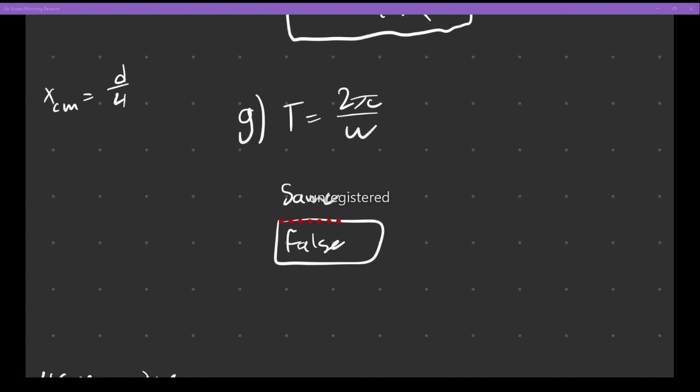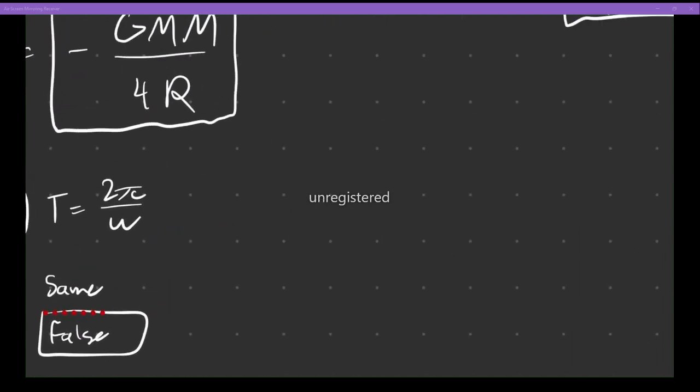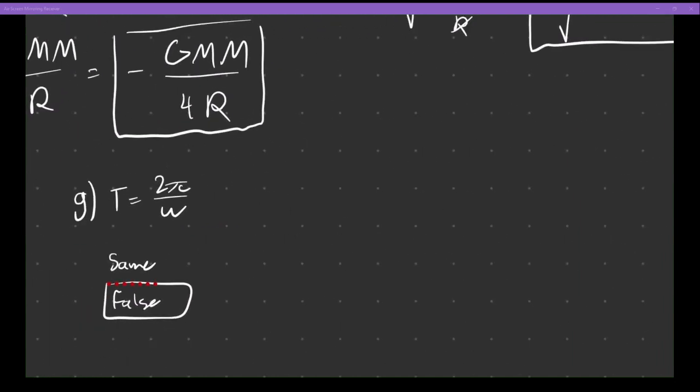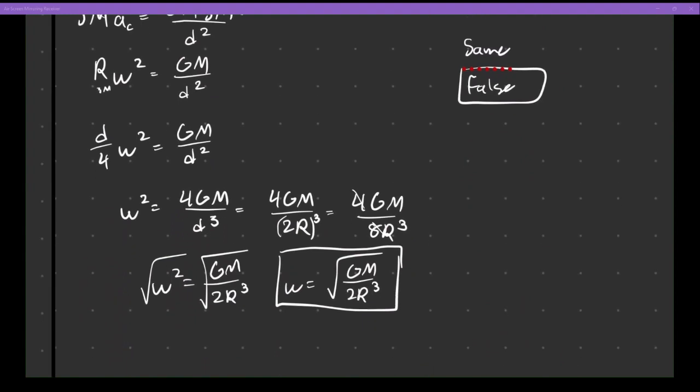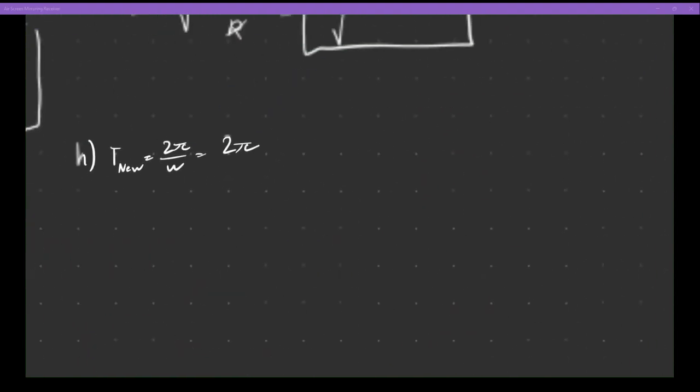Alright, so now going on to part H, it's asking if the time period of the new system has changed: decreased, stays the same, or increased. So first off, T new system is equal to 2 pi over omega, but then I know that the omega that we found for the new system was radical GM over 2R cubed.